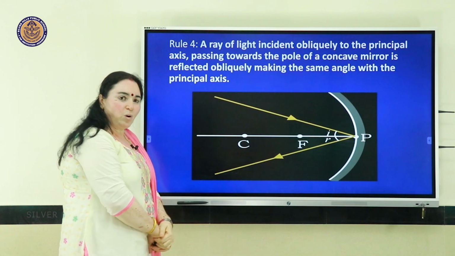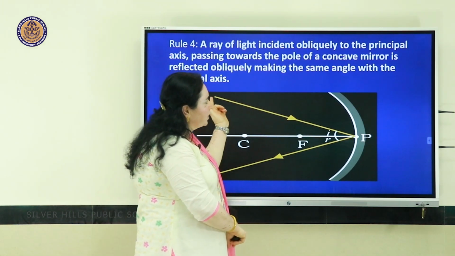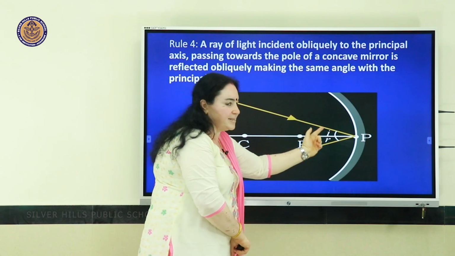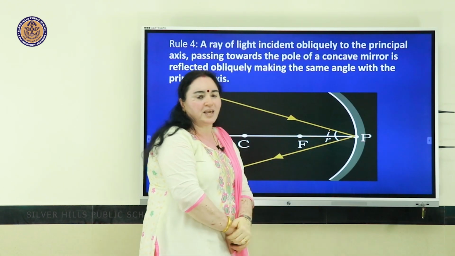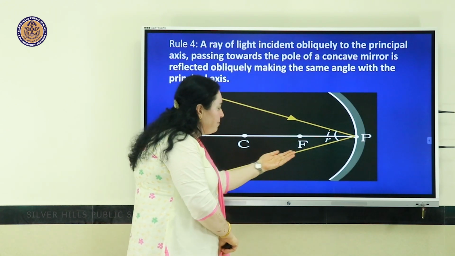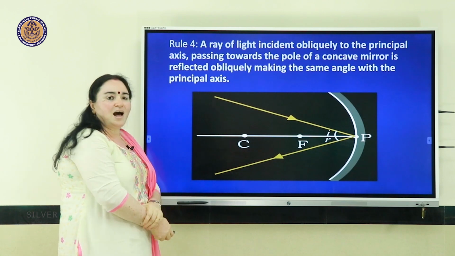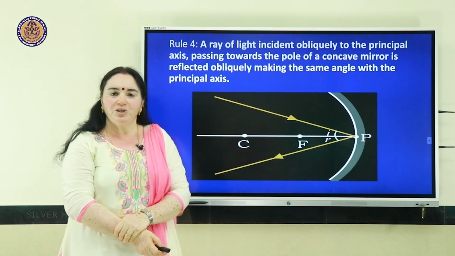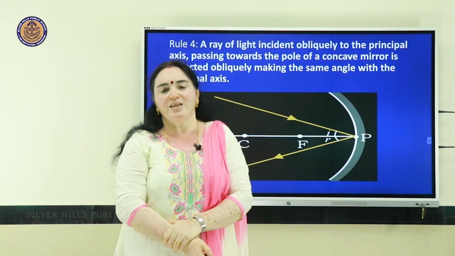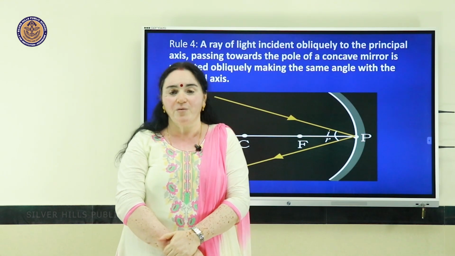So, what is the rule all about? A ray of light incident obliquely towards the principal axis and to the pole of a concave mirror, after reflection, makes the same angle with the principal axis. Okay, these are the 4 rules which are very much essential to understand the image formation in concave mirrors.